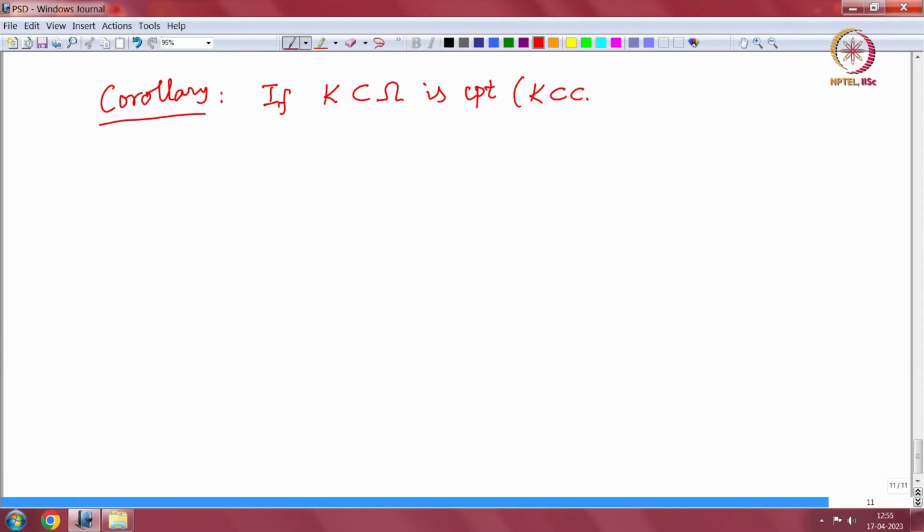This means K is a compact subset of omega, where omega is an open set in Rn.